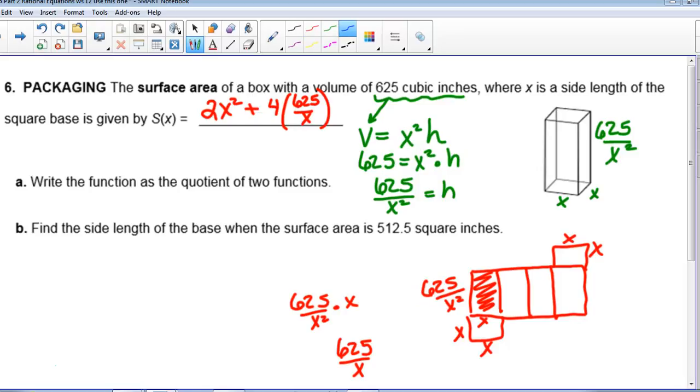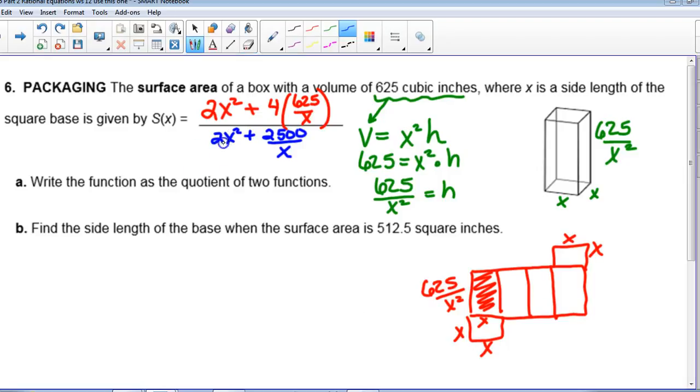All right. Let's simplify now. What's 4 times 625? 2,500. Like that. Over x. It says write this as the quotient of 2 functions. So basically we need to get a common denominator and add those together. What would the common denominator be, guys?